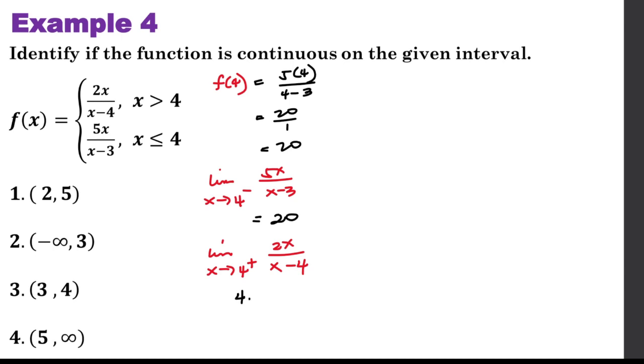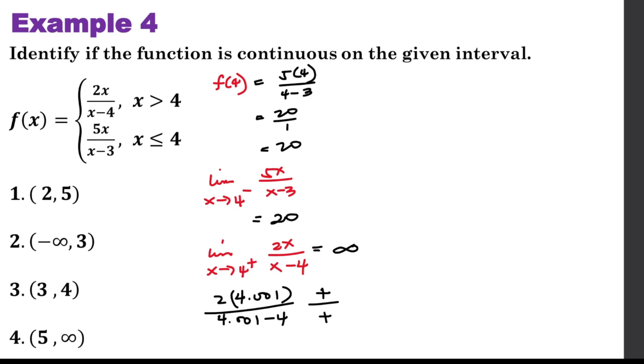Let us write 4.001 times 2 over 4.001 minus 4. For the numerator, our expected answer is positive, and for the denominator, the same is positive. Therefore, the limit of the function as x approaches 4 from the right is positive infinity.